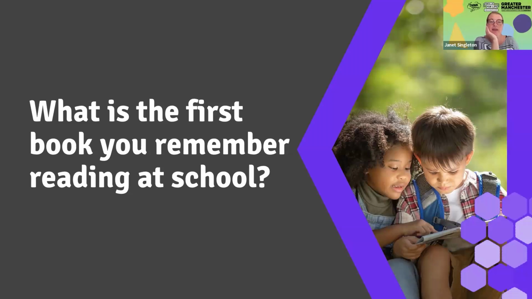When you put it, have a think about what it is about that book that you remember most. What makes you remember that book? For me, and this is showing my age, it was The Magic Faraway Tree by Enid Blyton.